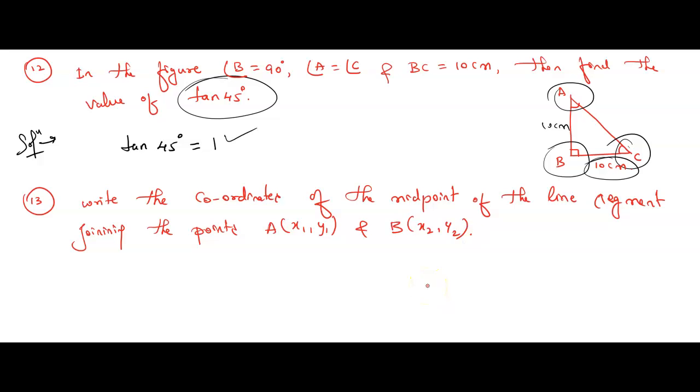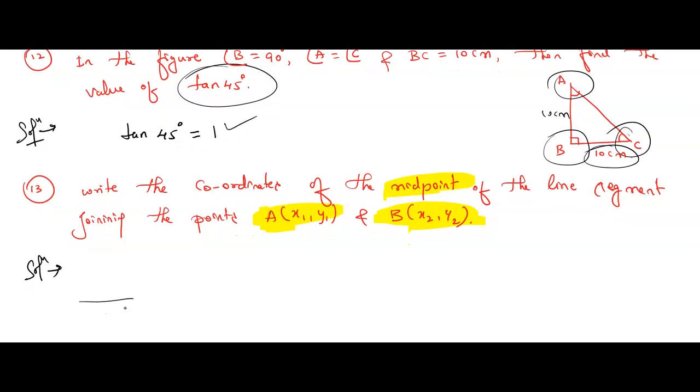He is asking you to write the coordinates of the midpoint of the line segment A of x1, y1 and B of x2, y2. Children, here he is asking you to write the midpoint formula. What formula is he asking you to write?